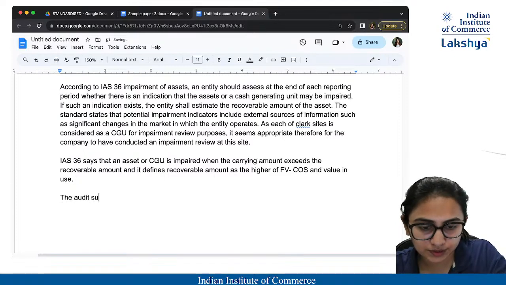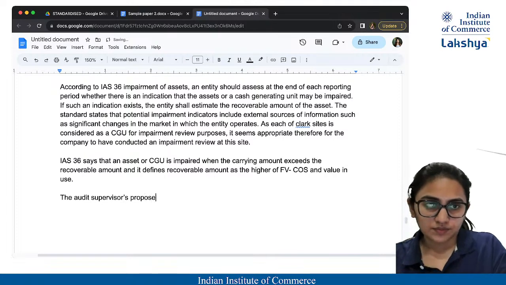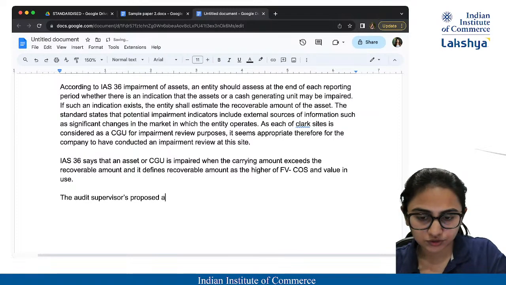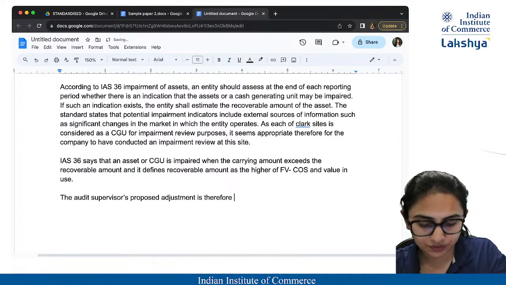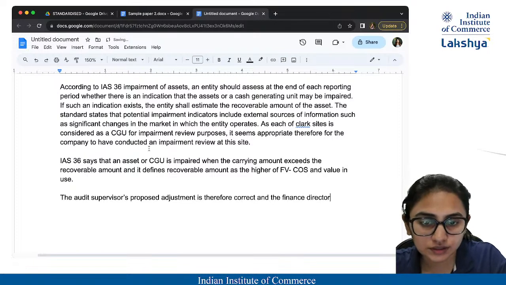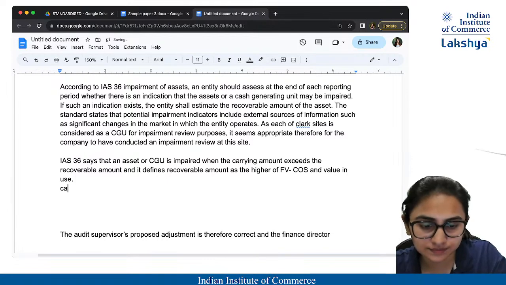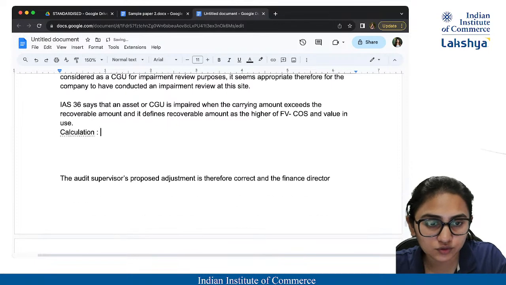The audit supervisor's proposed adjustment is therefore correct, and the finance director. Here in between I have left a space, you have to do the calculations, okay? Of fair value less cost to sell, value in use, that's the recoverable amount and all of that.